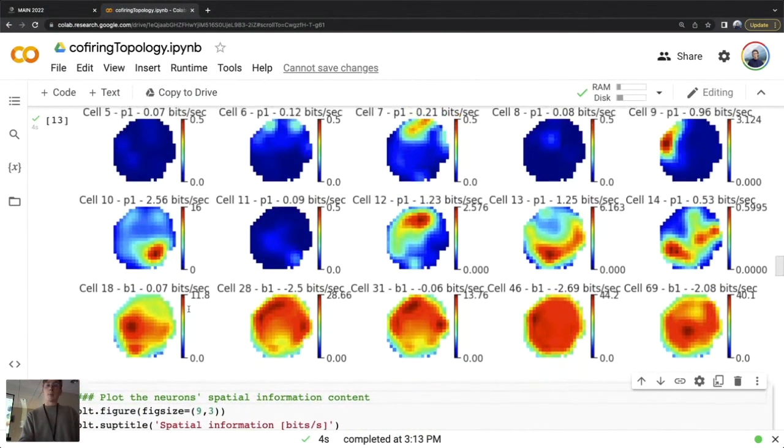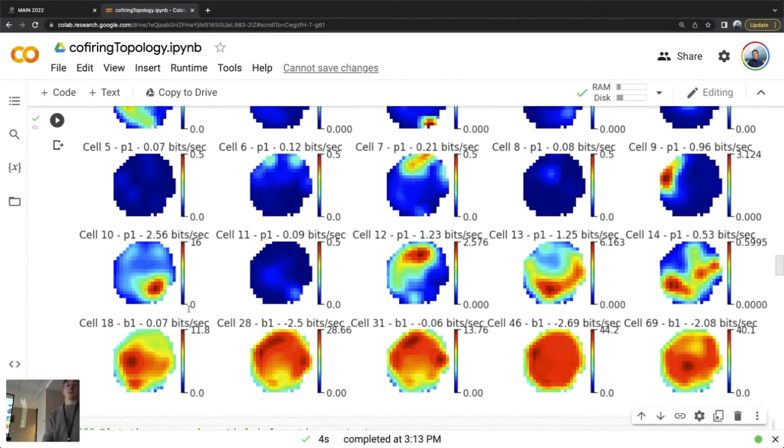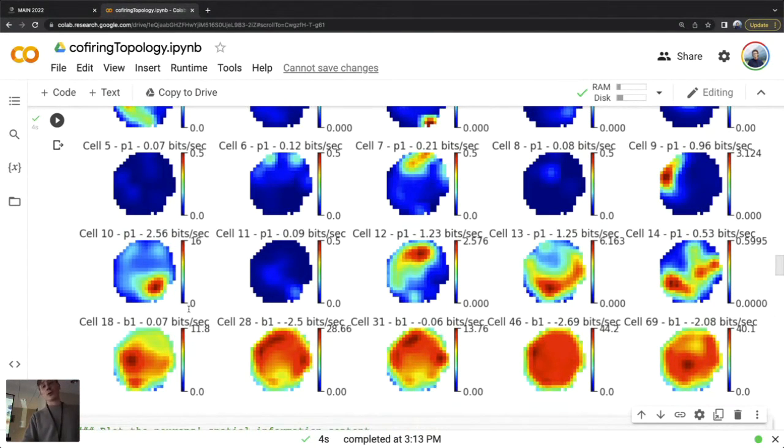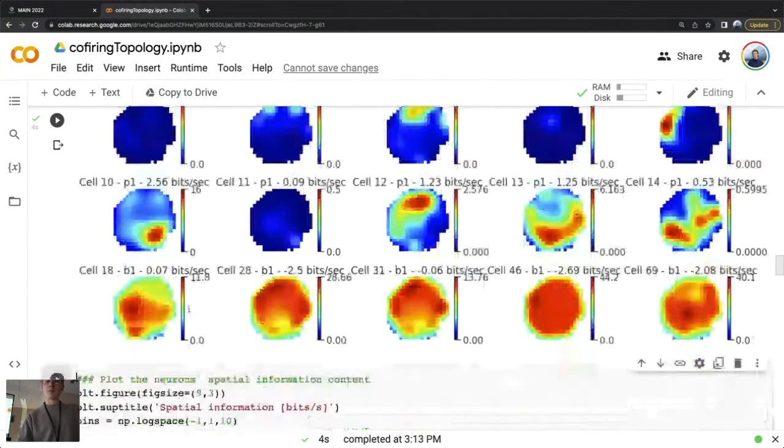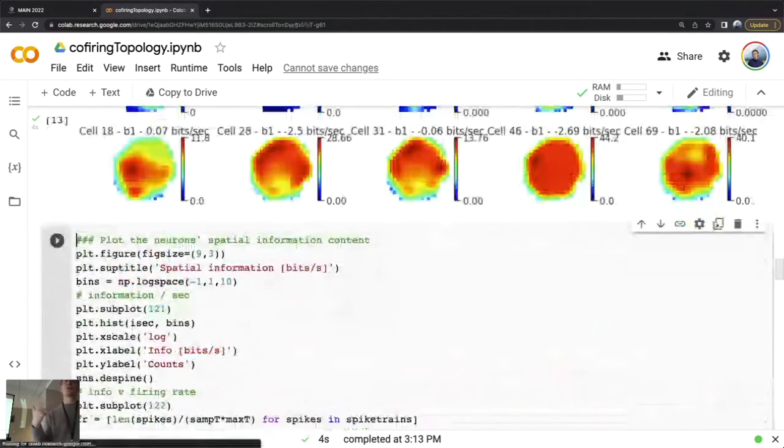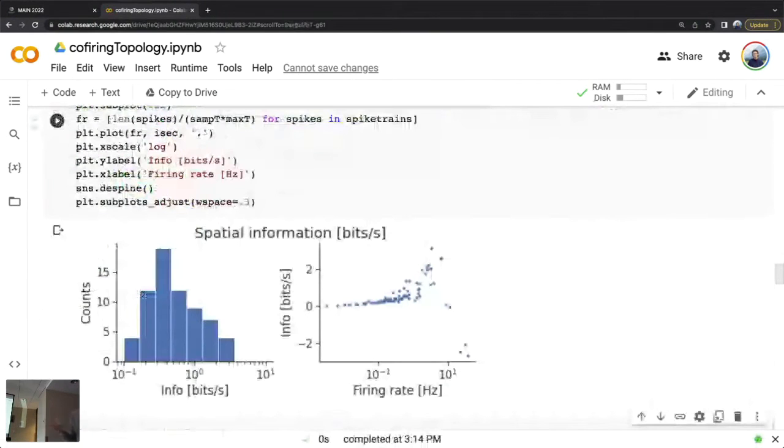Now, what has been used in the literature to describe the amount of information encoded by each of these units is the mutual information, which comes from the Shannon derivation in the 40s, which later Skaggs simplified for place cells. What I'm showing you here is the distribution of information across the population.